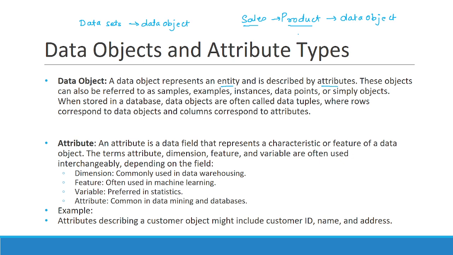Okay, and how is that product described? Yes, can you tell how that product is described? It is described by attributes. So what attributes can these products have? Can anyone tell?